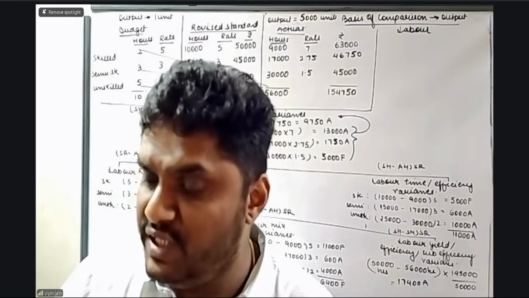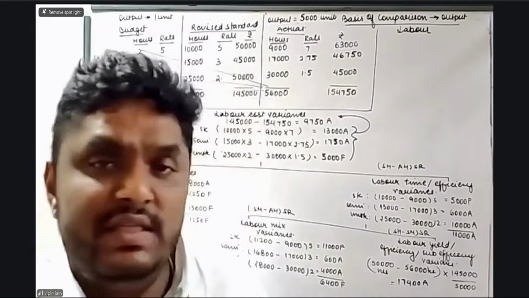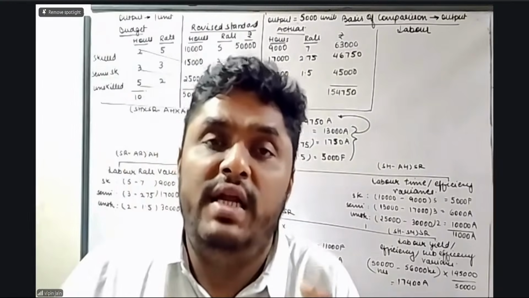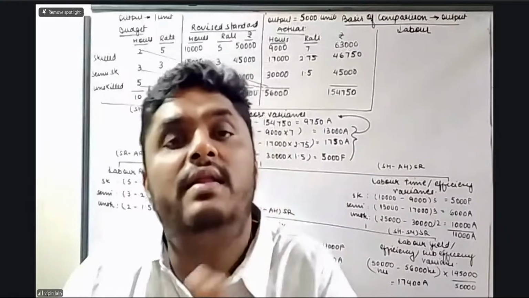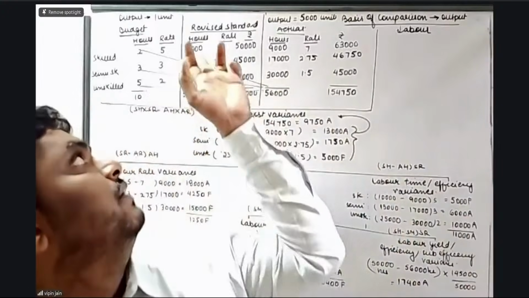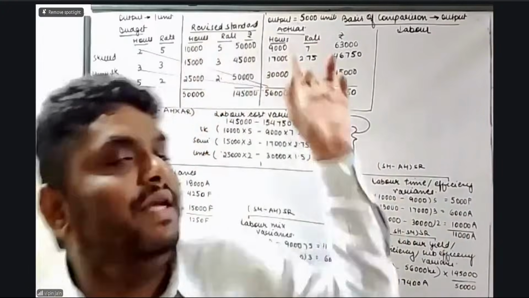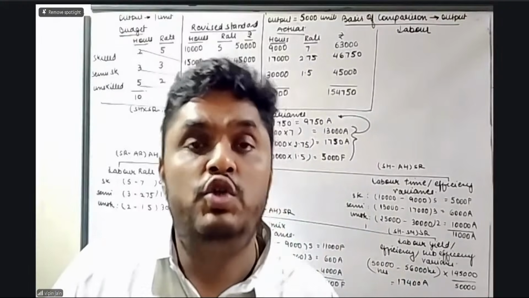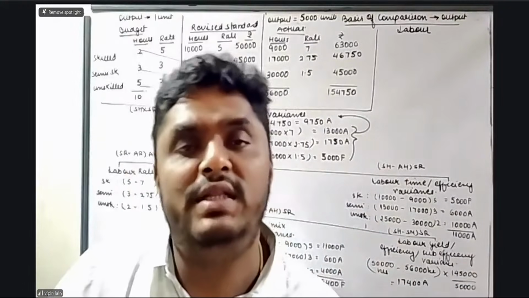Efficiency variance. So what does efficiency variance mean? See, very simple, Pooja. In how many hours should the work have been done and in how many hours did we do the work? So how many hours should we have taken? 10,000 hours, but we actually took only 9,000 hours. So we worked efficiently. The work that should have taken 10,000 hours was done in 9,000 hours.